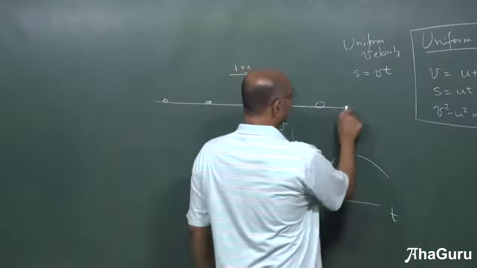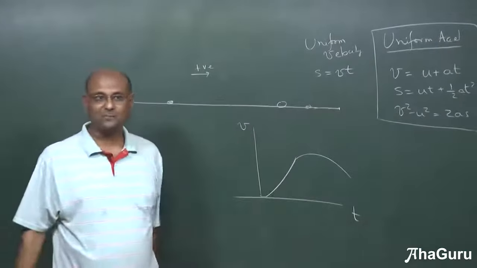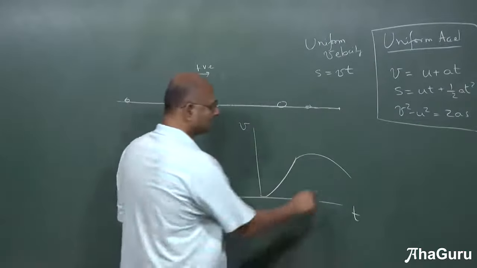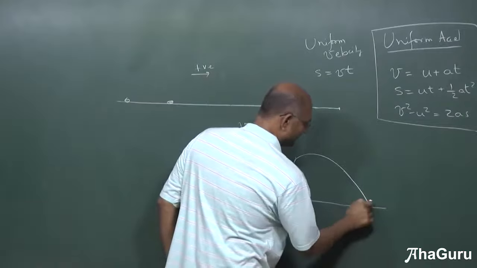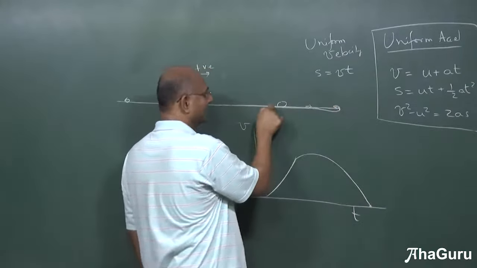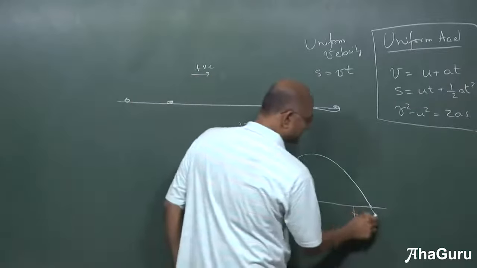It may happen that after some time it slows down and it stops. If that is the place where it stops, how will that look on a graph? Velocity will become 0. And after that, let us say it starts to come back. Velocity becomes negative.